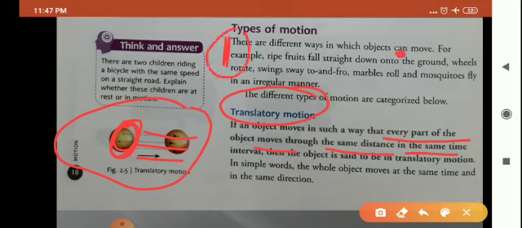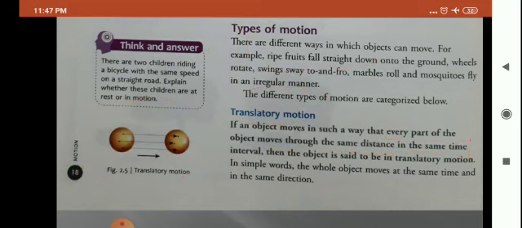Your whole body will move from this point to this, or not? It means the whole part of your body will move through the same distance in the same time interval. Every part of the object moves through the same distance in the same time interval, and this is translatory motion.